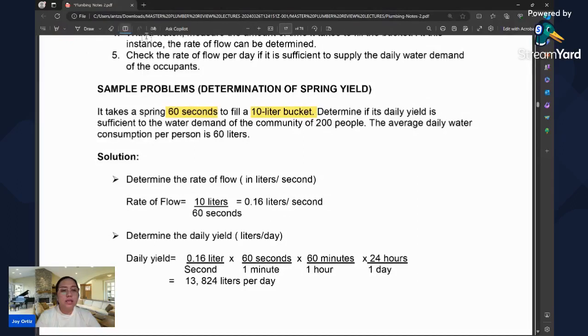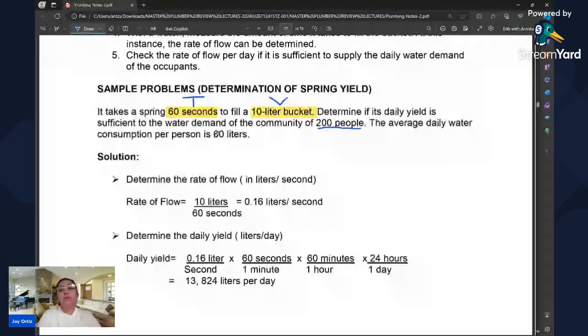This is what we call time T and this is the volume V. Determine if the daily yield is sufficient for the water demand of the community. We have here 200 people, the capacity. Per person is 60 liters. So daily consumption daw ng kada tao ay 60 liters.